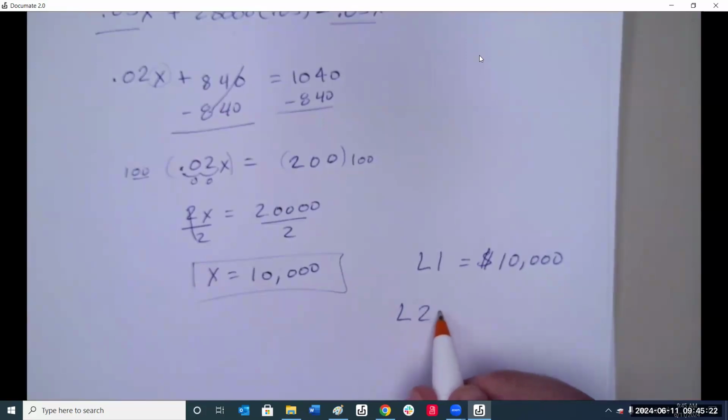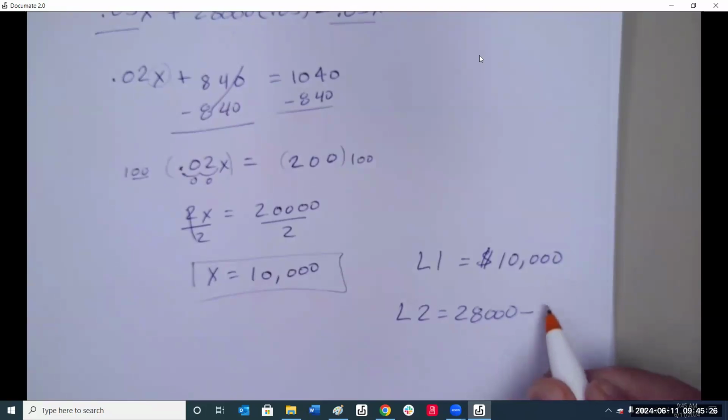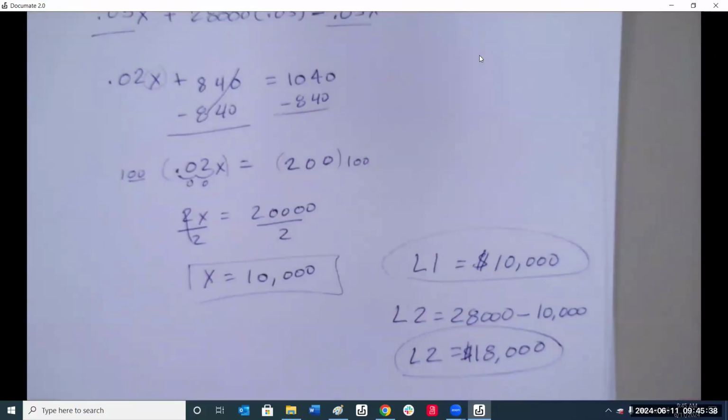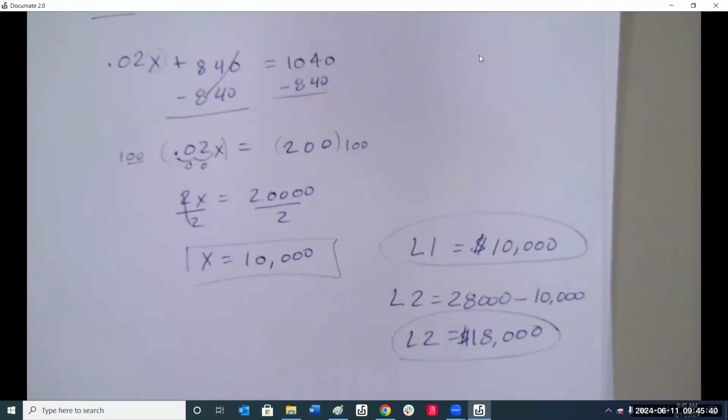Loan 2 was 28,000 minus X, which was 10,000, which makes it 18,000. And when we add these two, we get 28,000, which is what we're looking for.